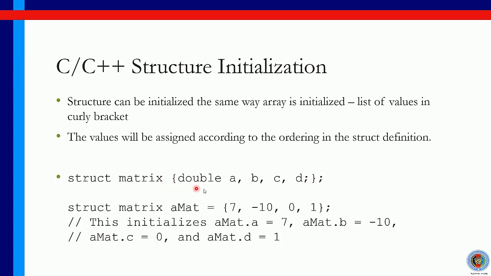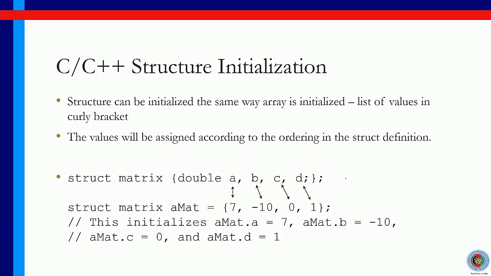If this is the way we declare the structure matrix, then if we want to initialize a matrix structure when we declare it, for example, we have a variable named mat. The type is structure matrix. We want to straightaway give value to the members A, B, C, D. We put the values in between curly brackets like this. So each of the values will be assigned to each of the members in sequence.